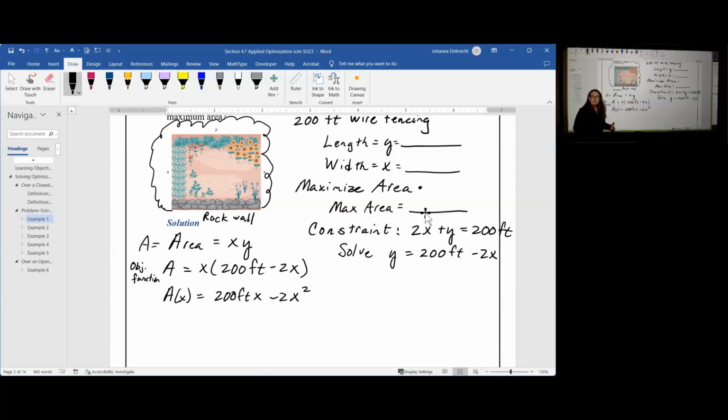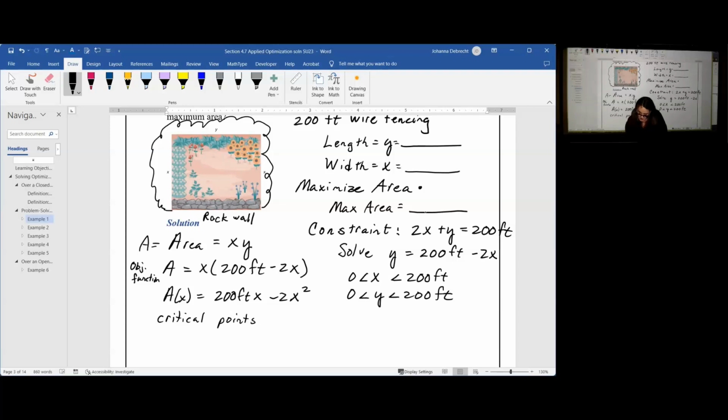They cannot be 0. In addition, they are obviously less than 200 feet. Let's go ahead and take the derivative of area so we can find the critical points. We can also add to our constraints by writing x has to be greater than 0 and less than 200 feet, as does y.